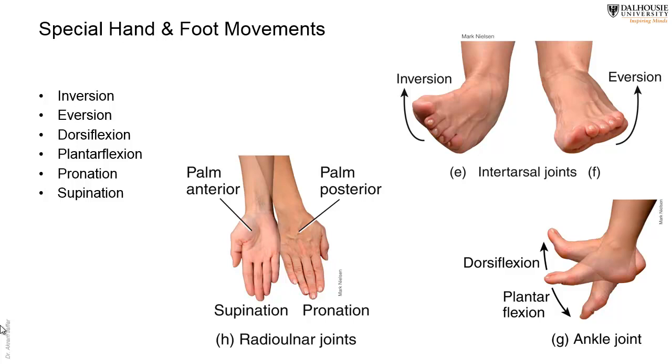And in the foot, there is inversion and eversion, as you see there. An inversion, where the sole of the foot faces inwards, and eversion is where the sole of the foot faces outwards. Again, this is a unique movement only for the joints of the foot.